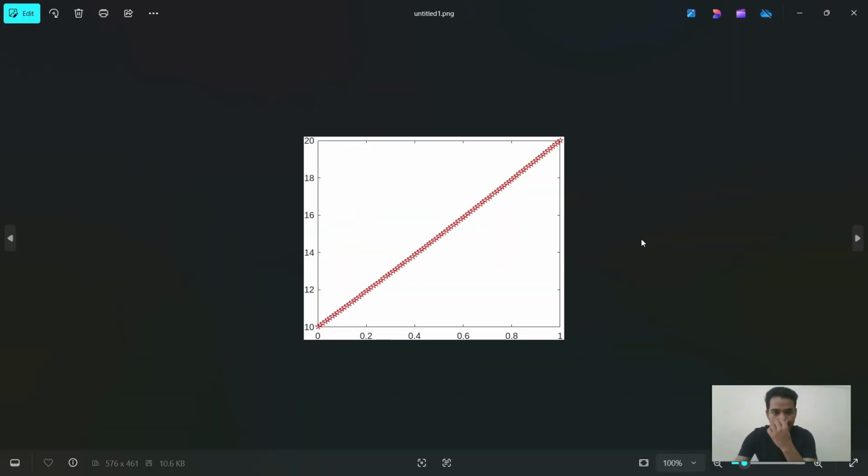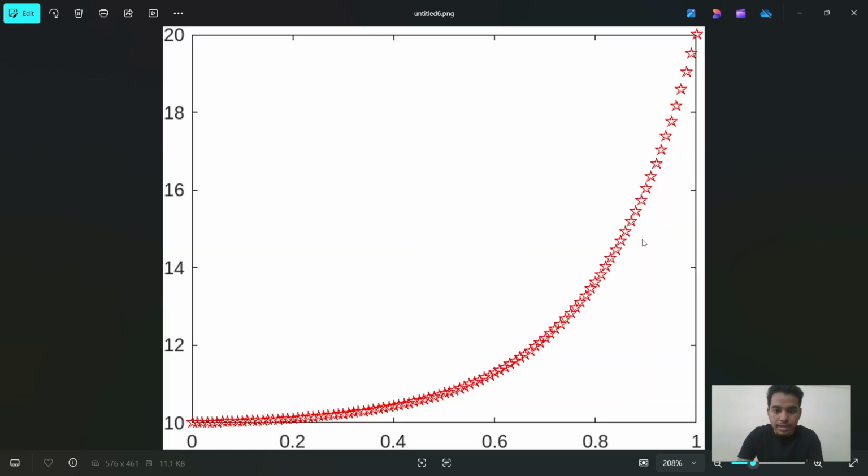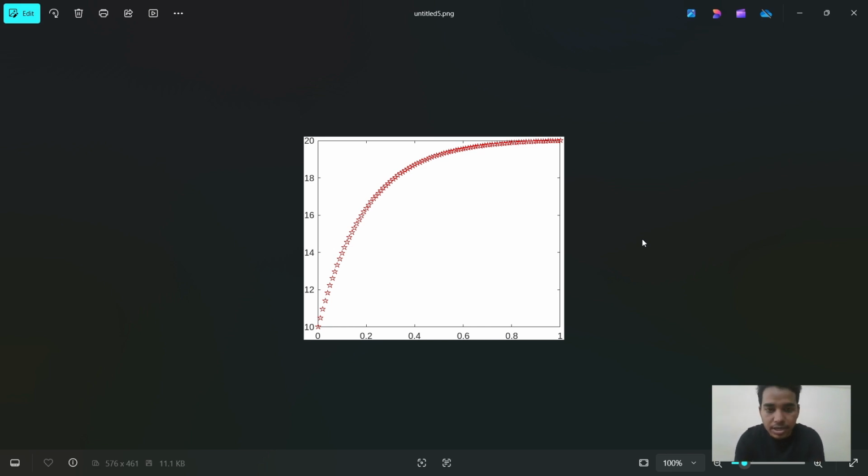As you can see, this is the curve for Peclet number 0.1, that is approximately equal to 0. And this is the curve for Peclet number equal to 1. And this curve is for Peclet number greater than 1. And this curve is for Peclet number equal to minus 5.